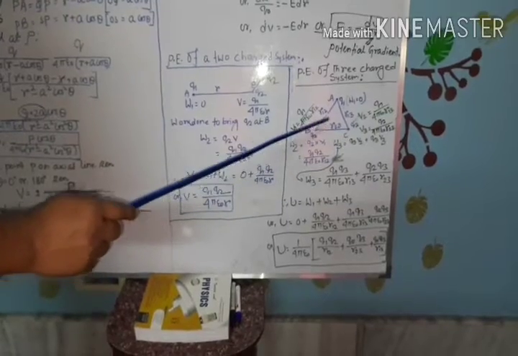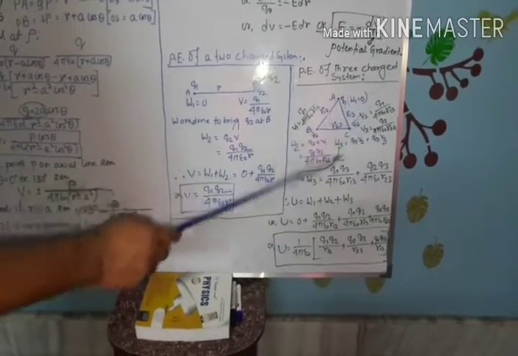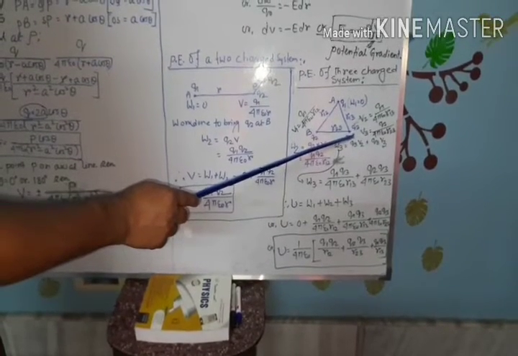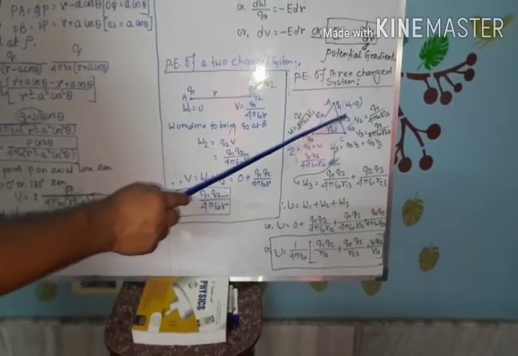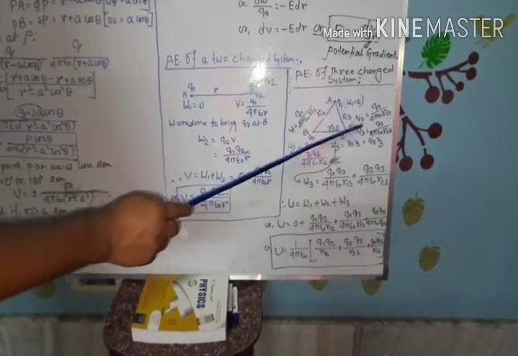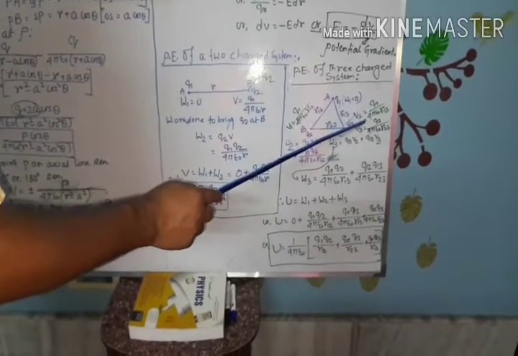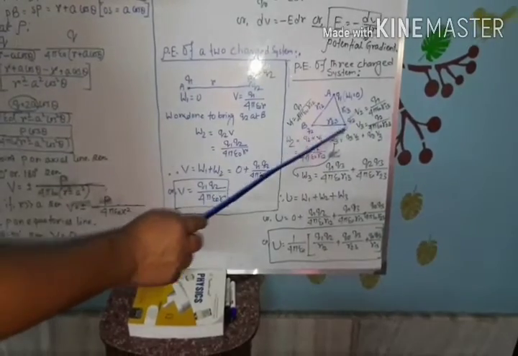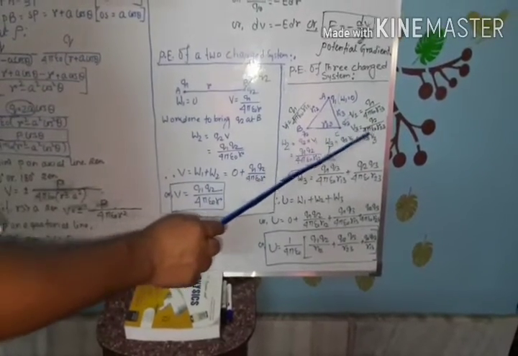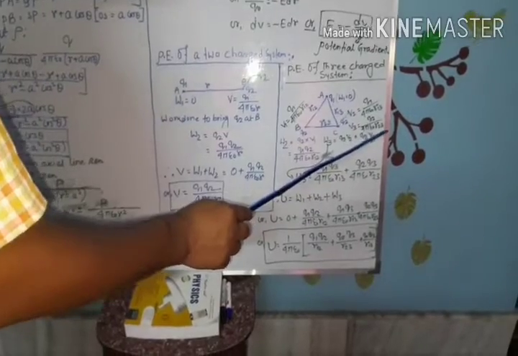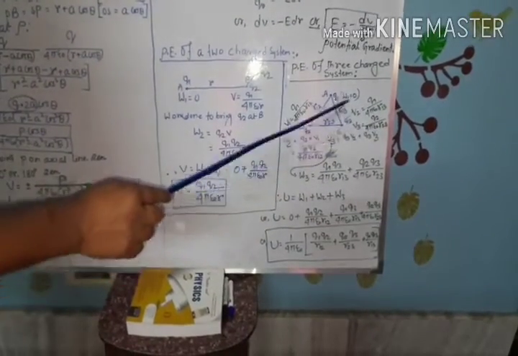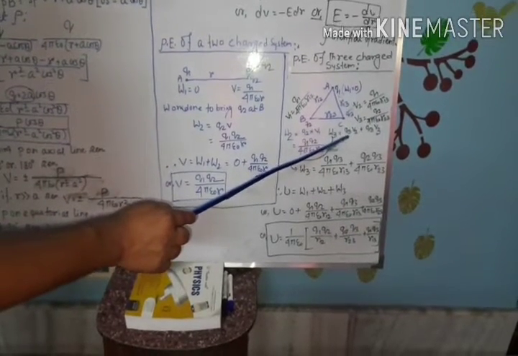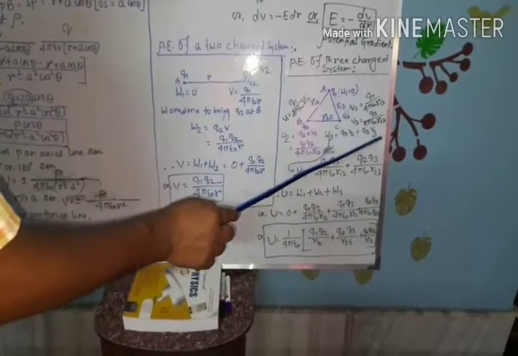Now we bring the third charge Q3. Whenever we bring the third charge Q3 to the point C, there are two electric potentials created by Q1 and Q2. These two potentials are V2 equal to Q1 by 4 pi epsilon naught R13 and V3 equal to Q2 by 4 pi epsilon naught R23. Under these two potentials, when we bring the charge Q3, the work done W3 equals Q3 into V2 plus Q3 into V3.